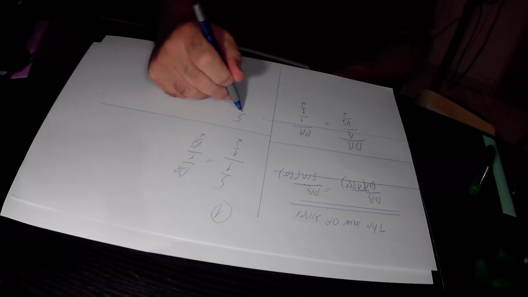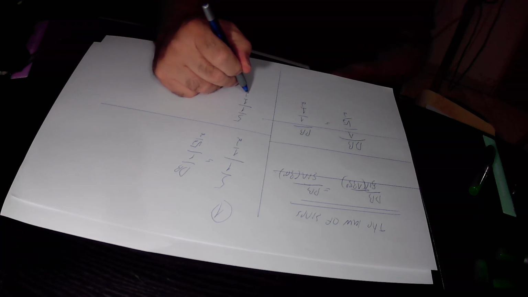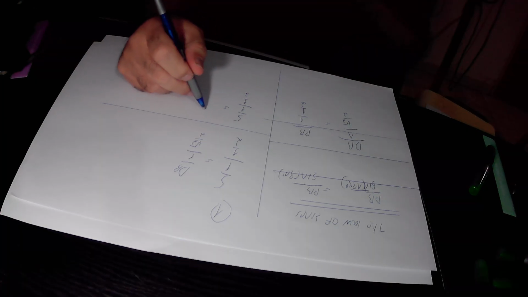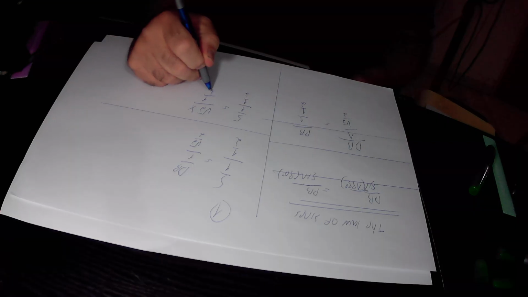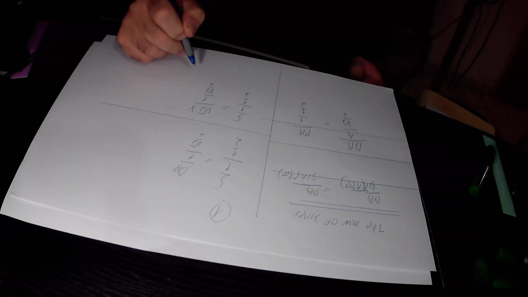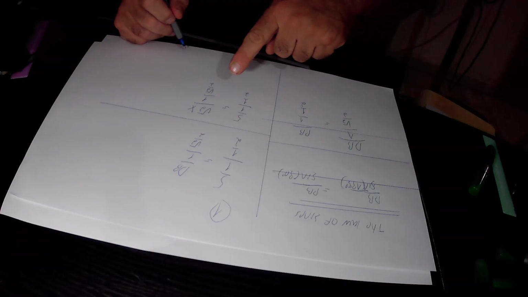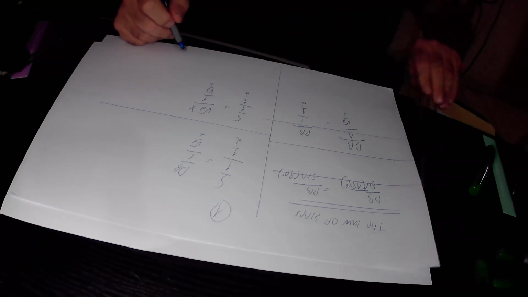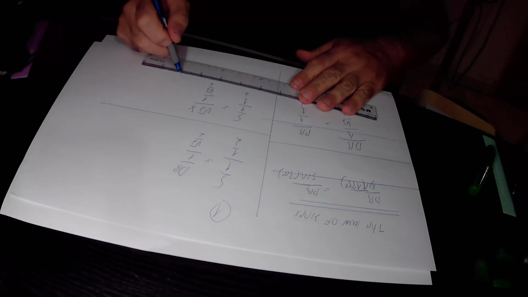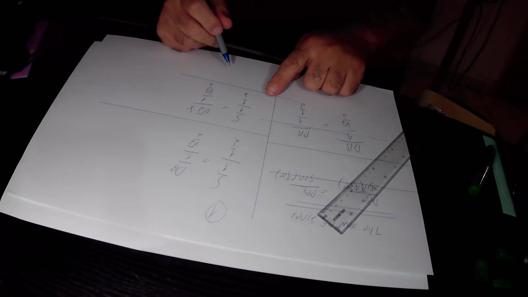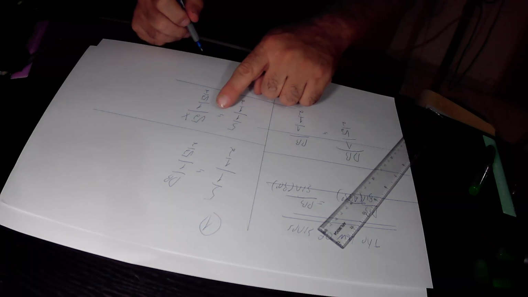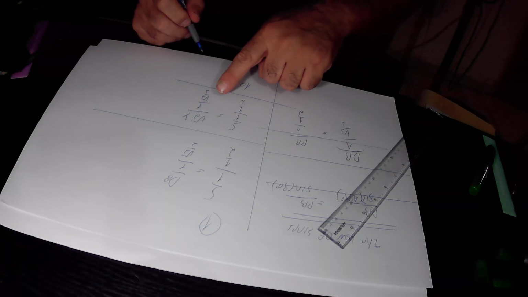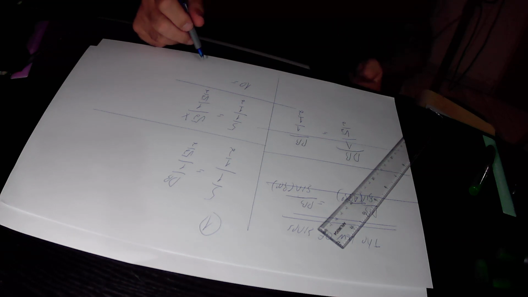So 5 over 1/2 equals dB, that is square root of 2 times x over square root of 2 over 2. 5 over 1/2 is 10, and it equals square root of 2 times x over square root of 2 over 2.